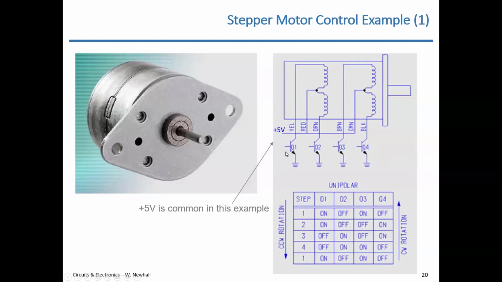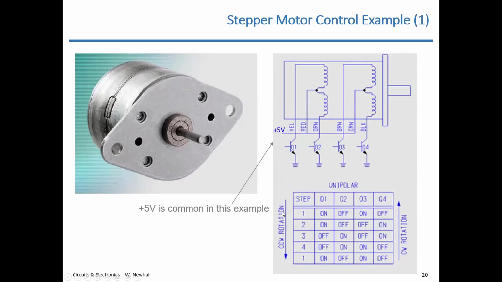So these transistors you could control with a microcontroller, have an output port of a microcontroller connected to a resistor, connected to the base of each one of these transistors. Right? So that would let me have 4 bits of a microcontroller's output ports control the speed and the direction of this motor. And you can see the order here.